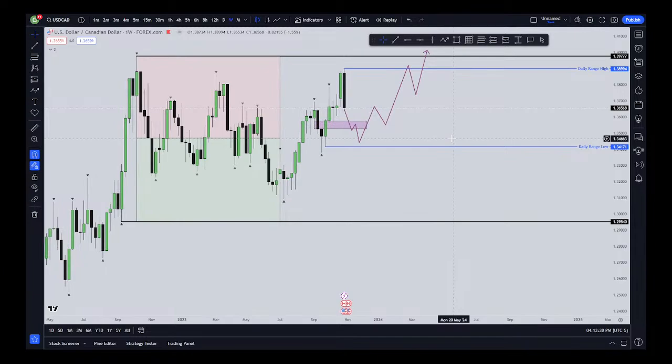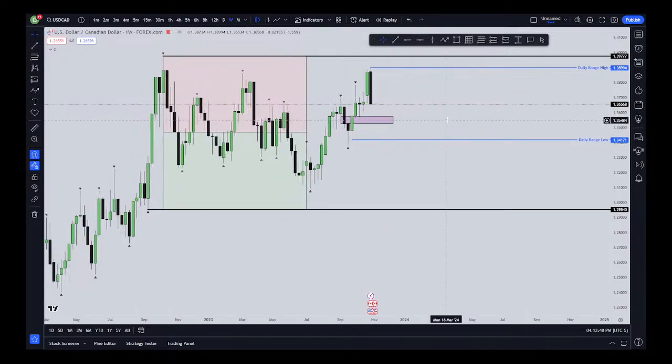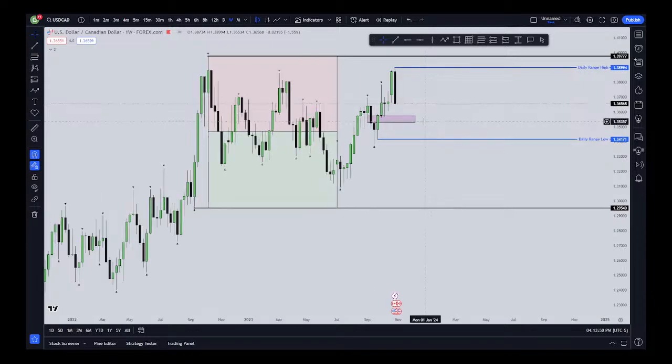So we just have to watch price, see how it reacts, look for setups, and we have to keep both sides of the market in mind. If it were to violate this level, we know what to do accordingly. If it respects this level, we also know what to do accordingly. So we're prepared for any case scenario.